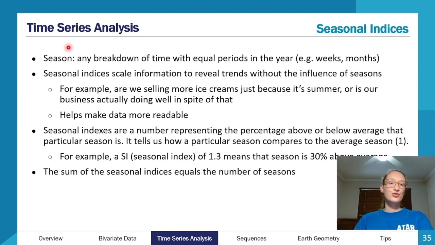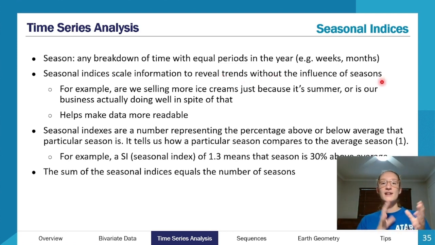But the main thing I'll draw your attention to is, again, that a season is any breakdown of time with equal periods in the year. So we could do it month by month, in which case we'd have 12 seasons in the year. And seasonal indices are the numbers that we use to deseasonalize and reseasonalize data. What they do is scale information to reveal trends without the influence of seasons.